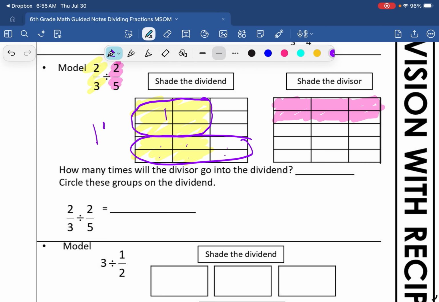So 1 and 4/6. How many times will the divisor go into the dividend? 1 and 4/6 times. And I can reduce 4/6 to 2/3 by dividing both the numerator and the denominator by 2. So 2/3 divided by 2/5 is 1 and 2/3.